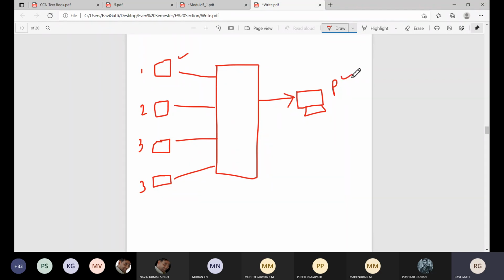After some time I want to give access to the third computer, and after some time to the fourth device. So how can I do this? In order to control the access, or to select the particular input so that we can get the output, we will be using some controlling signals, and these controlling signals we call select lines.